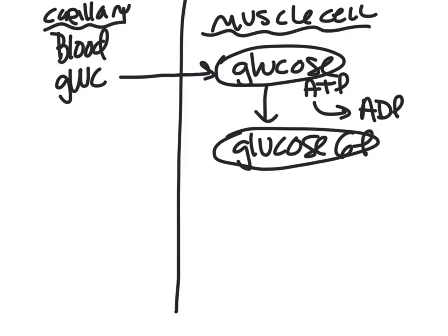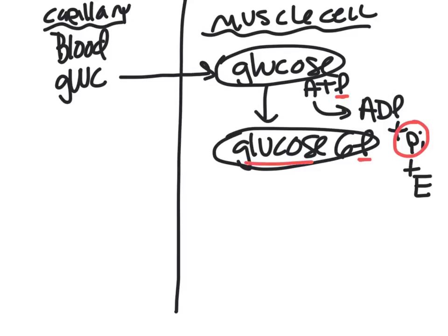Let me show you a little more about what's going on here. Remember that when ATP breaks down to ADP, it releases a free phosphate and it releases some energy. What's happening there is that the phosphate that originated on the ATP is being added to the glucose.